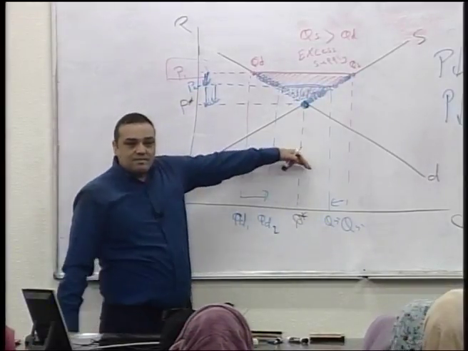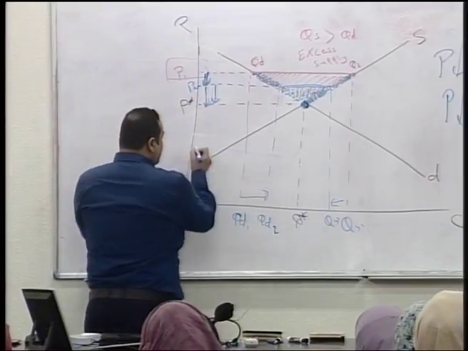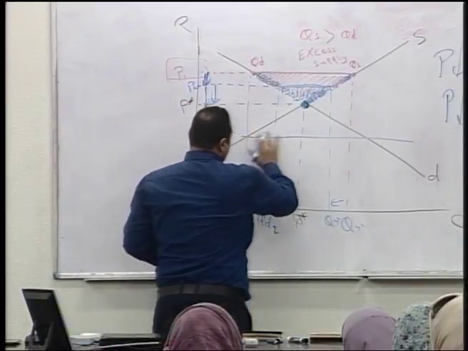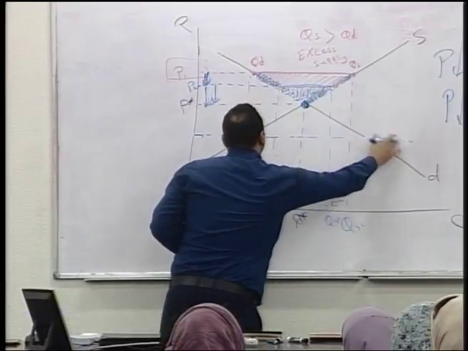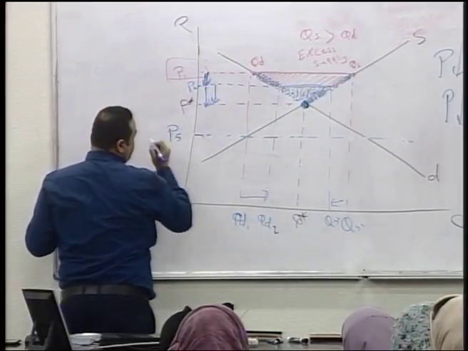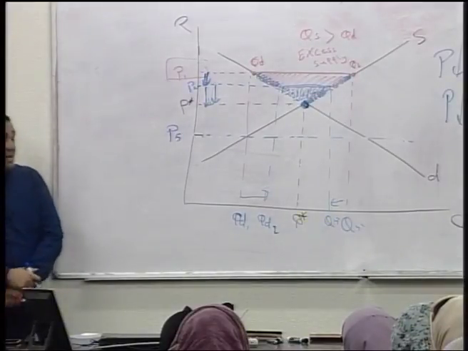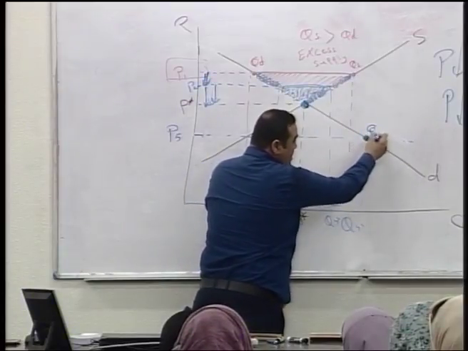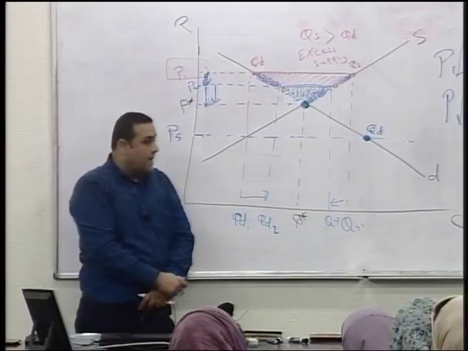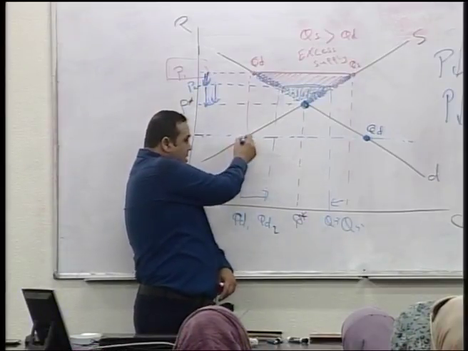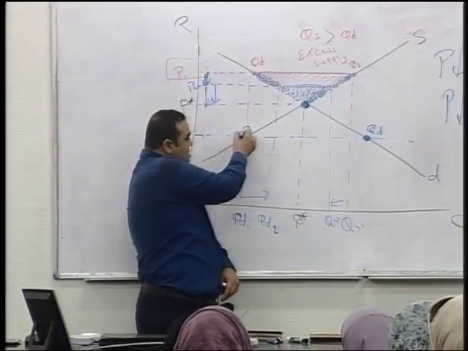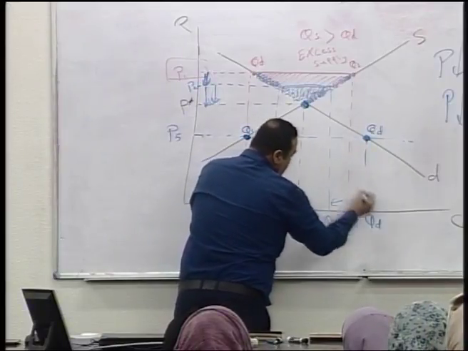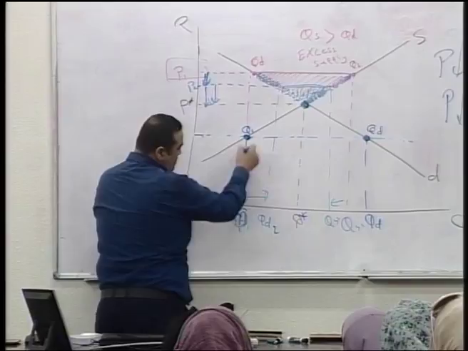And vice versa. Let us assume that the price was here at P5. How much is the quantity? Here is a point along the demand curve, so it represents QD. And at this price, the quantity supplied represents QS. Here we have QD minus QS.